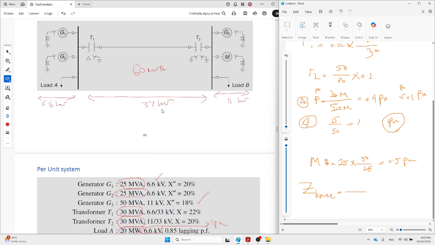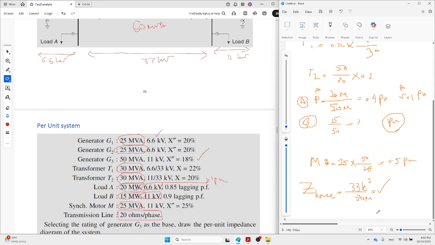It is 33 kV. So Z base is V squared divided by S, which is 33 squared divided by 50 MVA. The 20 ohm value must be divided by this Z base. Let's find out 33 squared divided by 50.